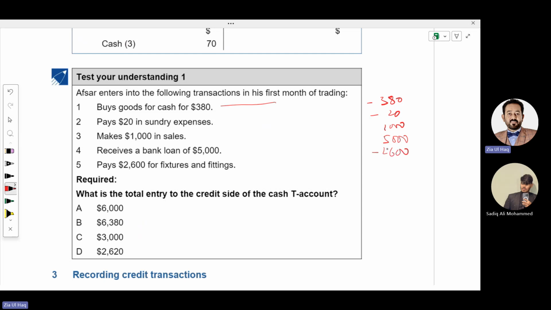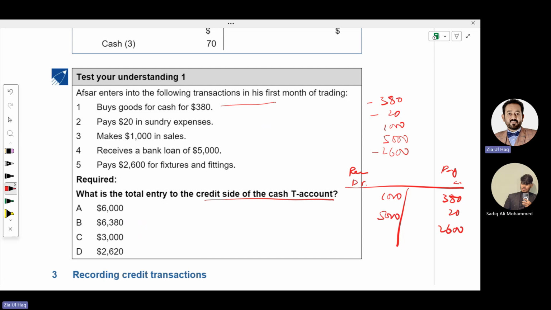Pay 2,600 for fixture, 2,600 negative balance. What is the total entry of the credit side of the T account? In cash book, here we record receipt, meaning debit. Here we record payment, meaning credit. So these 380 will be there, 20 will be there, 2,600 will be there, 1,000 will be here, and 5,000 will be here.